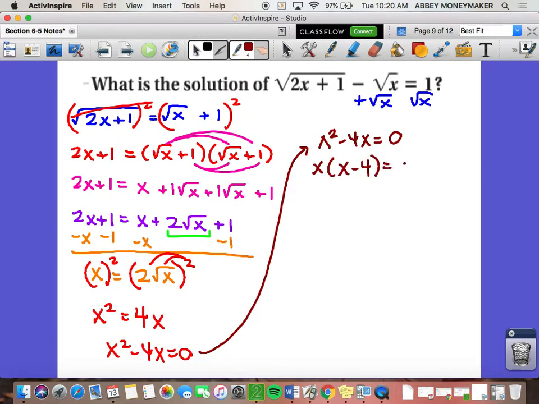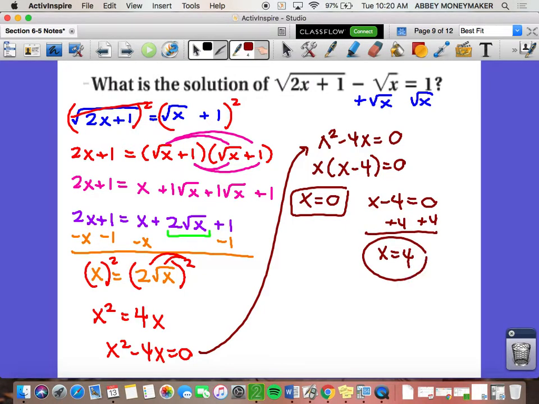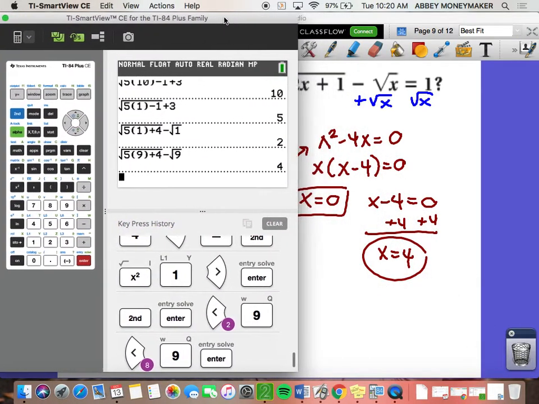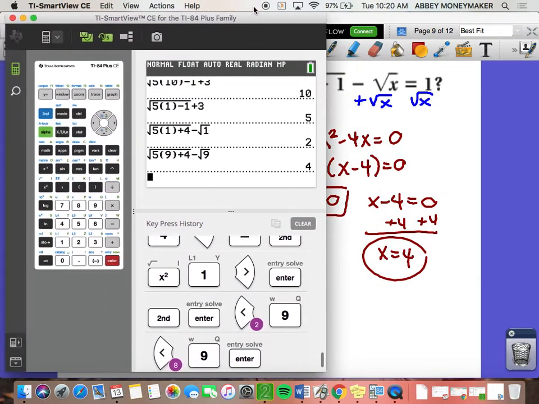That leaves me with x times x minus 4 is equal to 0. So I'm going to say x is equal to 0 and x minus 4 is equal to 0. Well, we got x equals 0, and then we have to add the 4 to get x is equal to 4. So again, we're going to get our calculator, and we're going to plug them back in and see which one works.